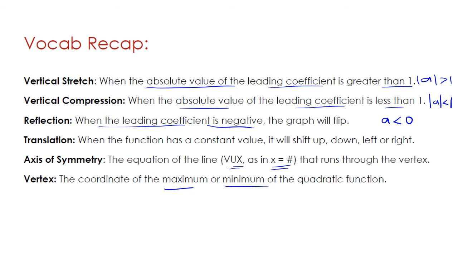Vertex will give us the translation of shifting up, down, left, or right. And the x value will tell us left or right. The y value of the vertex is going to tell us to go up or down.